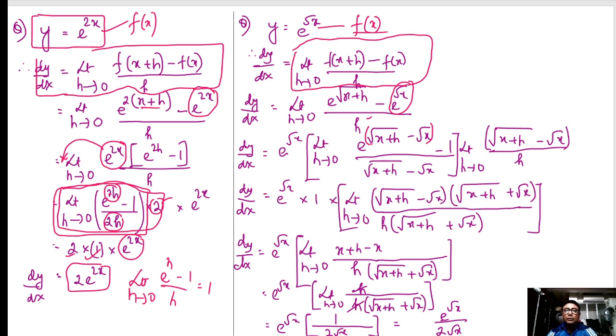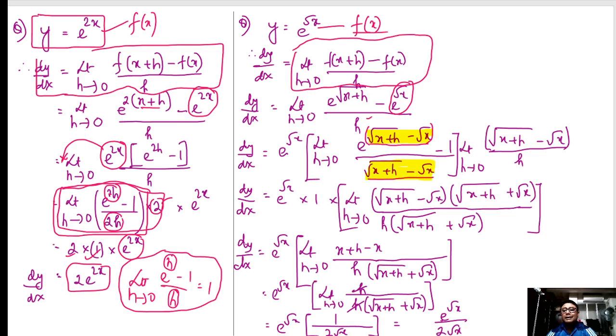Now this whole angle becomes this, so we have to write this at the bottom, because using this concept, (e to the power h minus 1) by h, the power and the denominator have to be the same. So here the power is this much, this is the power of e, so at the bottom we have to write the same thing.